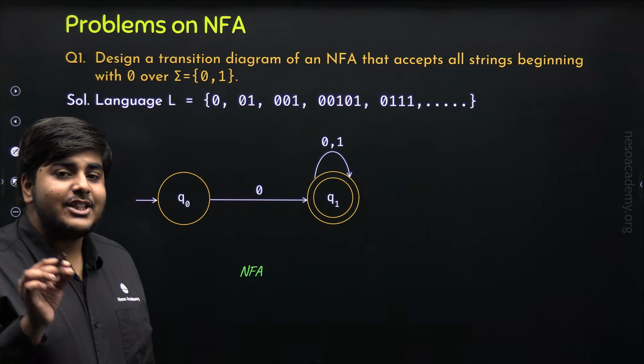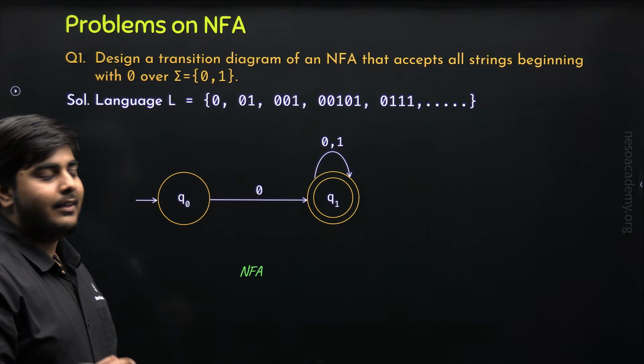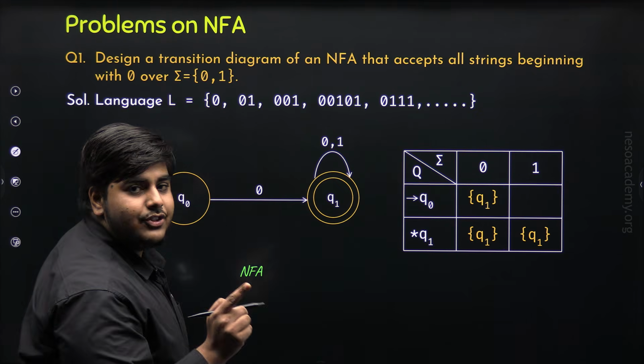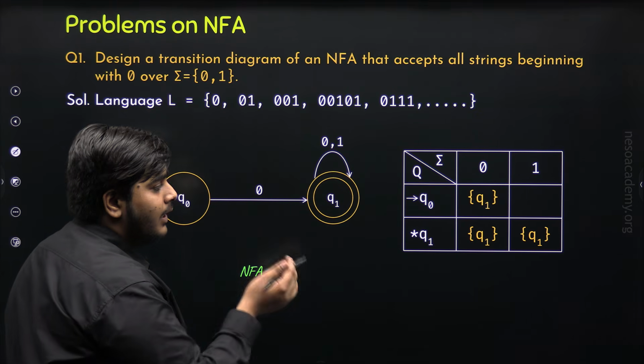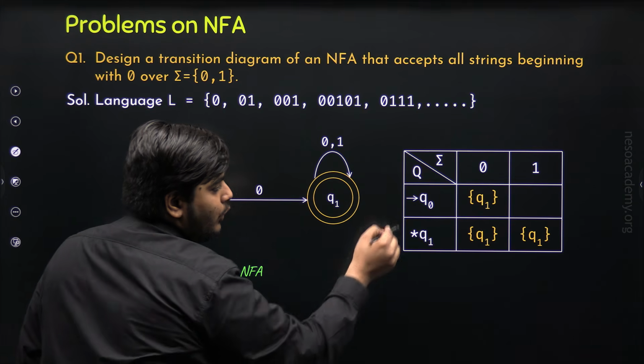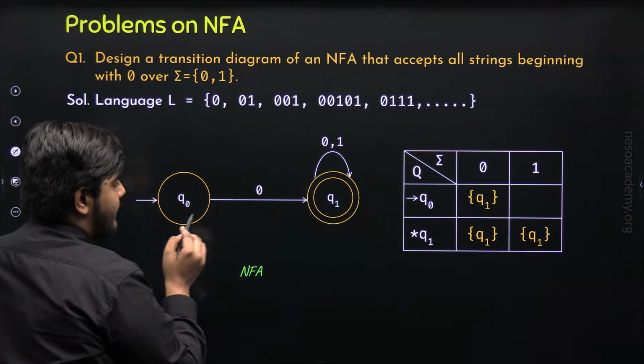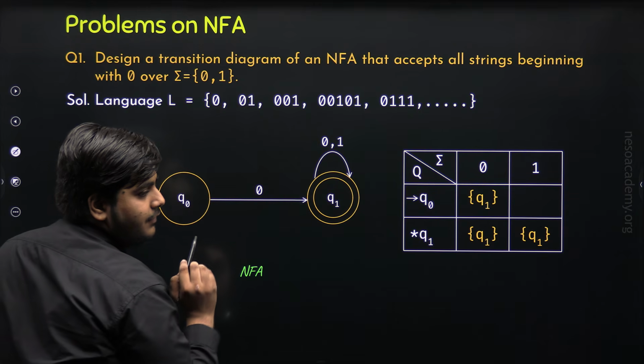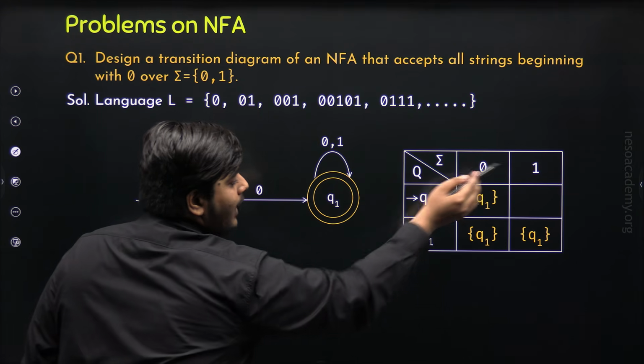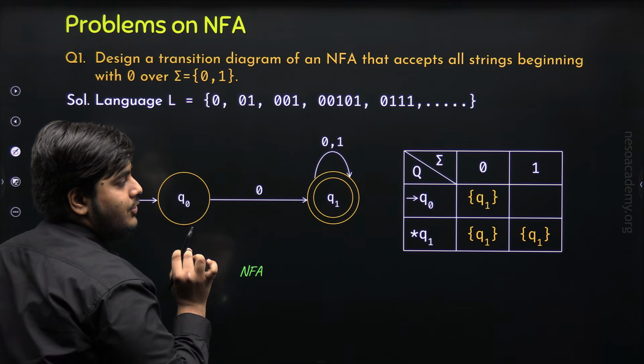Now let's see the transition table for this NFA. This is the transition table for this transition diagram, and you can see Q0 and Q1 are the states. Q0 is the initial state and Q1 is the final state. 0 and 1 are the input symbols for this question.